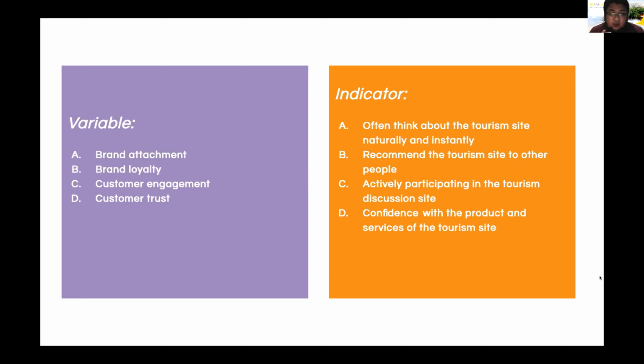For the variables, you need to have a reference. For example, for brand attachment, you can use the questions from a journal, and I'm sure there will be at least 3 or 4 questions, maybe more than 4, to measure brand attachment.